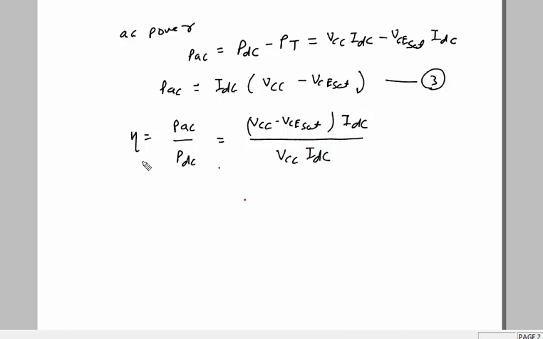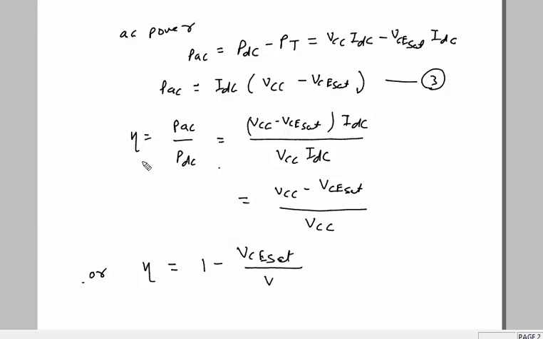IDC and IDC cancel. What we get here is (VCC minus VCE sat) by VCC. Or eta we can write as 1 minus VCE sat by VCC. A very, very important result.